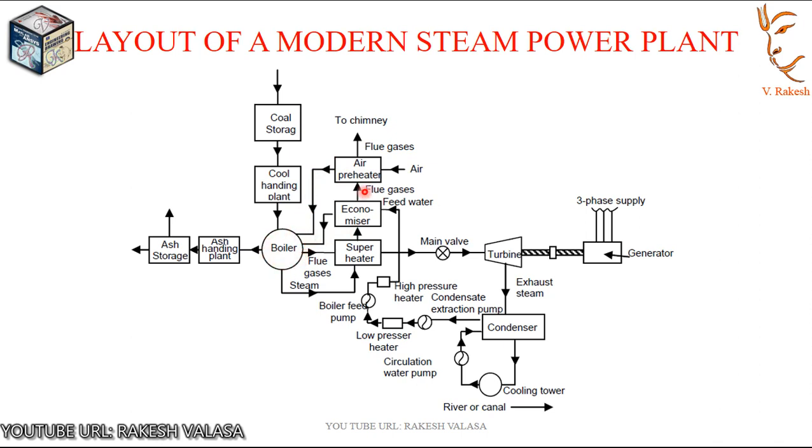The flue gases, after passing over the boiler and superheater tubes, flow through the dust collector and then through the economizer, air preheater, and finally they are exhausted to the atmosphere through the chimney. This is the general working and layout of a modern steam power plant.